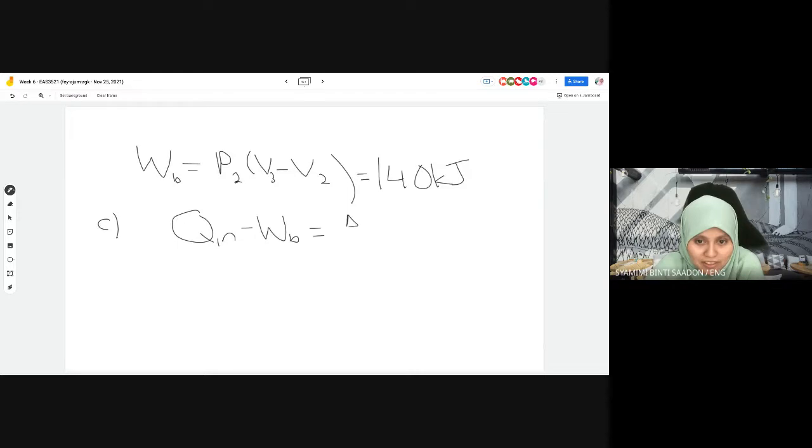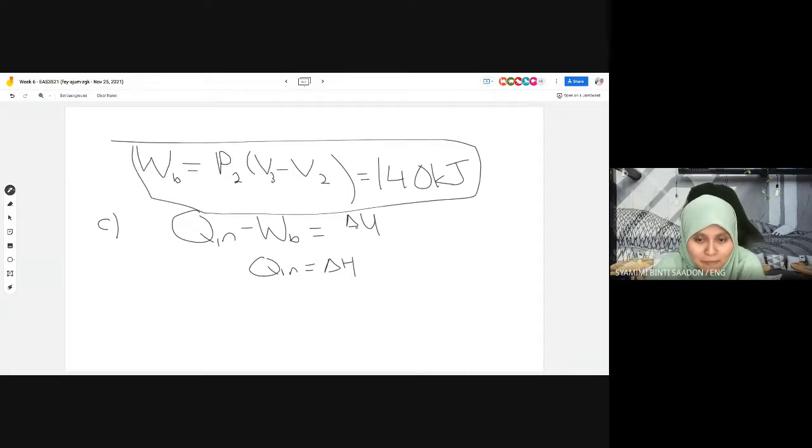Here we use delta U. Actually, like the previous question 1, we can also write it as Q in equals delta H directly. But since we have calculated the boundary work for question B, we separate the internal energy and this one.